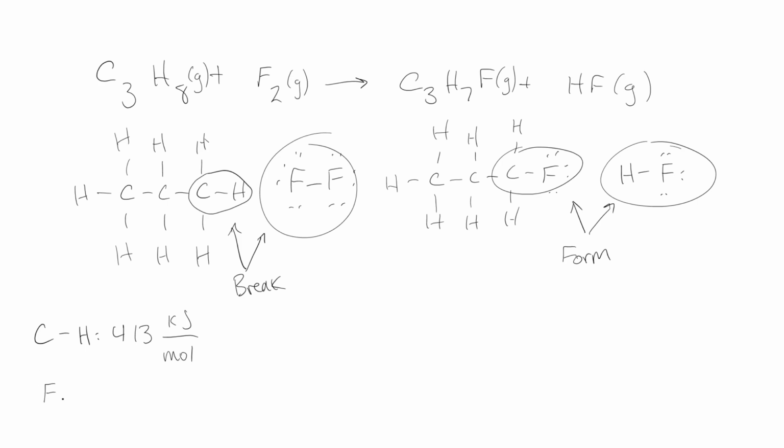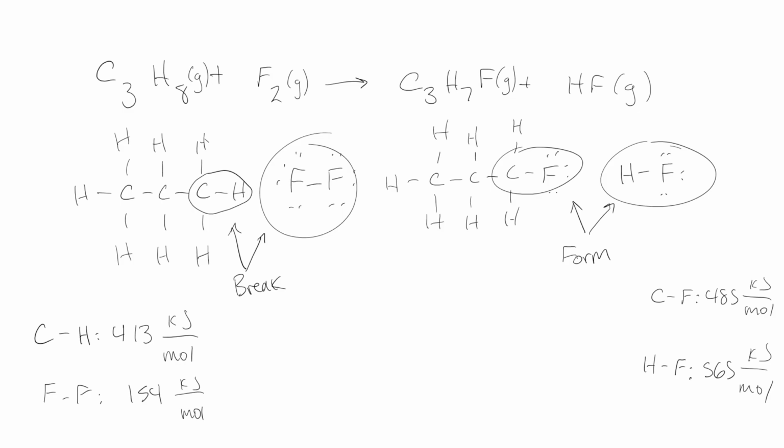For a fluorine-fluorine bond, that's 154 kilojoules per mole. For a carbon-fluorine bond, that's 485 kilojoules per mole, so it's a pretty strong bond there. And for a hydrogen-fluorine bond, that's 565 kilojoules per mole, so very, very strong.